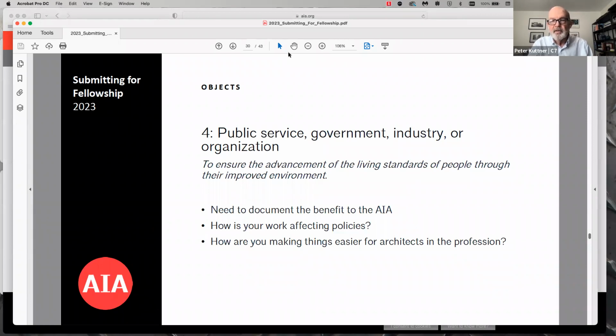These are sort of good, admirable organizations that you might have committed a career to. And if it somehow can be touched into improving the environment, that would be this category. These categories are a small percentage of the total, but there are people doing good things in these categories that we need to have the structure that we can recognize them.